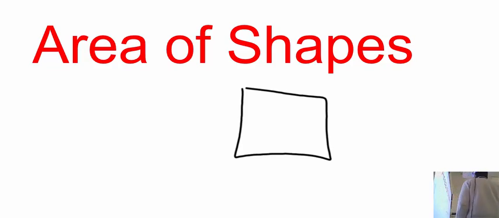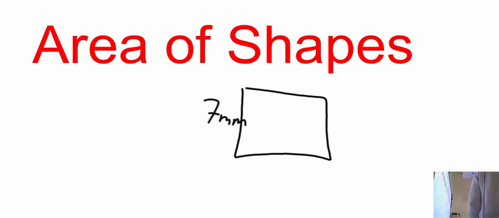Now we will learn about how to calculate the area of shapes. So this is a square, and let's say this side is 7 millimeters.